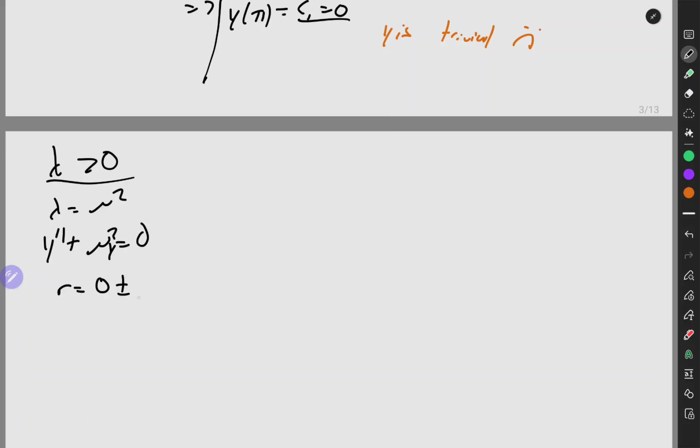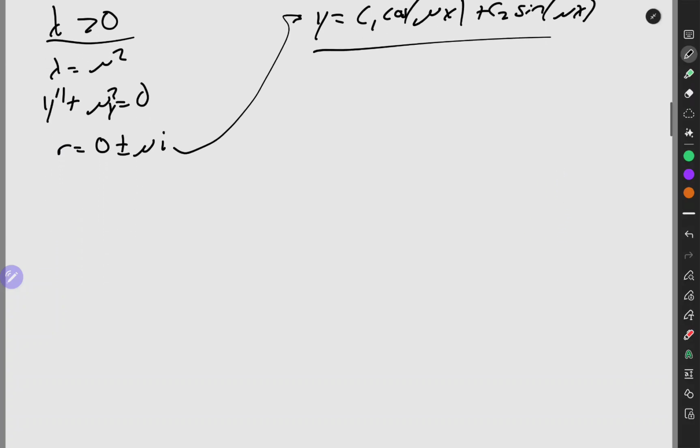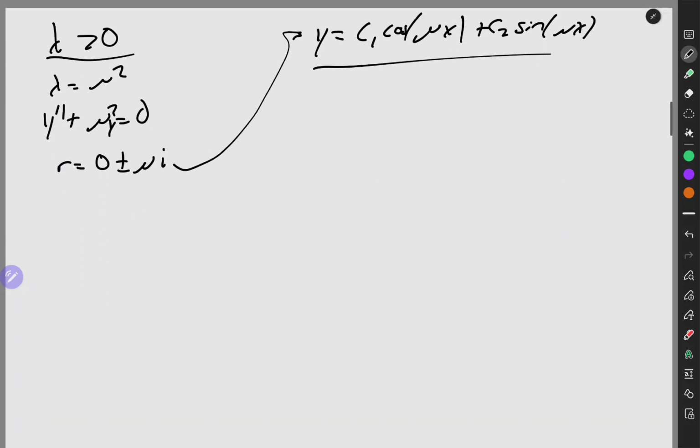So it's 0 plus minus mu i, giving c1 cosine mu x plus c2 sine mu x. Like I said, I'm going pretty fast here, so go back to my other example, most definitely my overview video, if you want a more comprehensive breakdown. But this is all, oh, this isn't PDEs right here. This is ODEs, right? Oh, sorry.